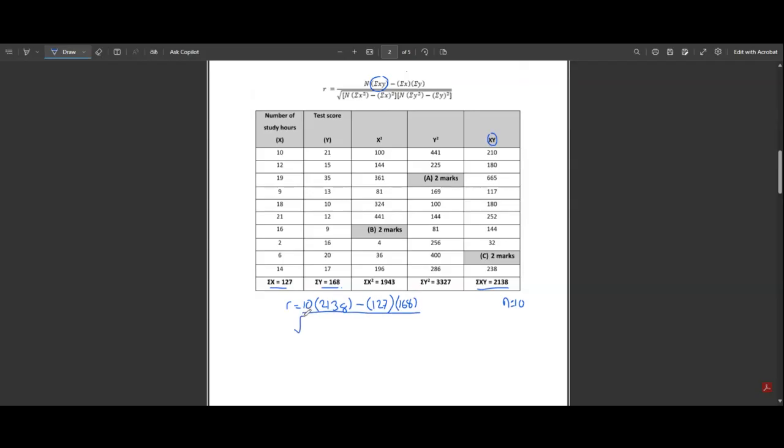Okay, now we can do the bottom. Don't forget the square root. Okay, I hate this formula. There's so many brackets. Okay, so we've got 10. Okay, so remember now the difference between the sum of x squared and the sum of x, squared independently.